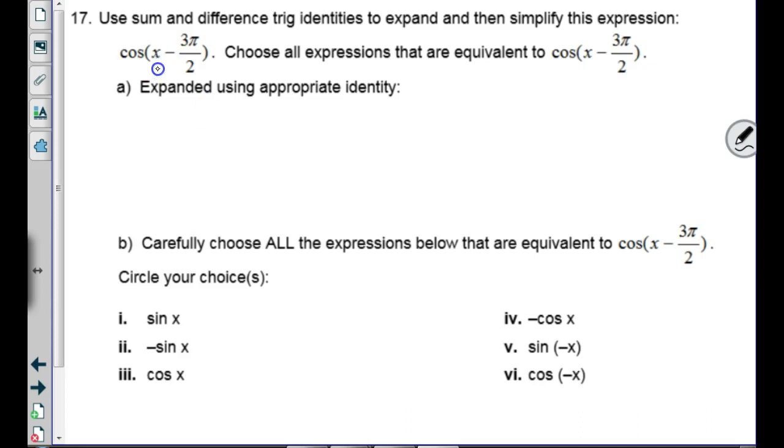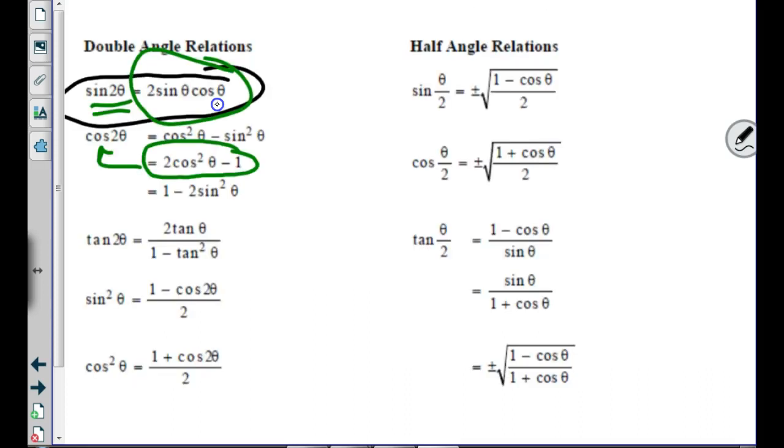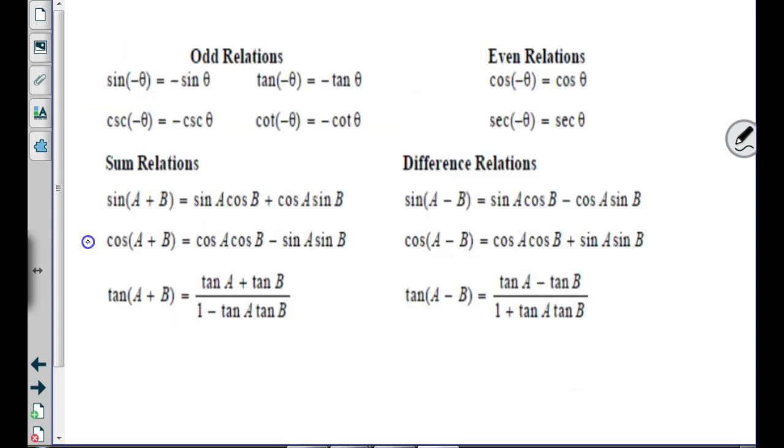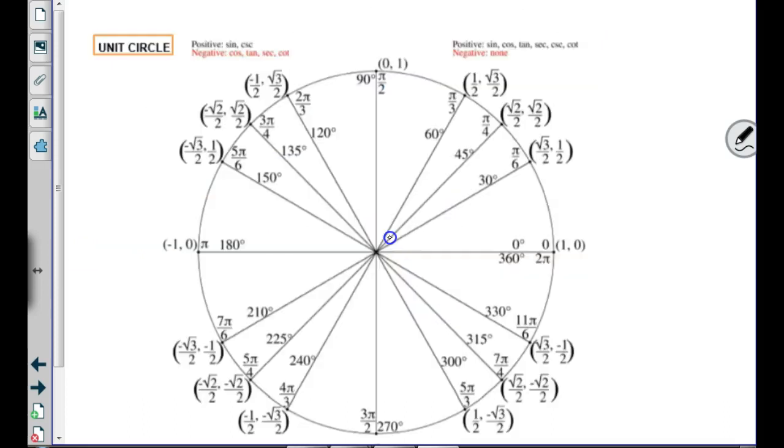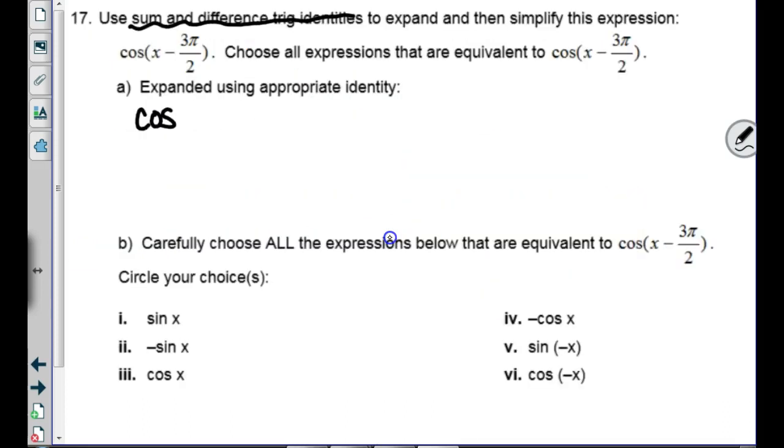So it says expand using the appropriate identity, and it says right up here to use sum and difference trig identities. So it's cosine with a minus. So can anybody quote the cosine with a minus for me? It's here. It says cosine, cosine plus sine, sine. Everybody good? Can I go right to the letters that are here?